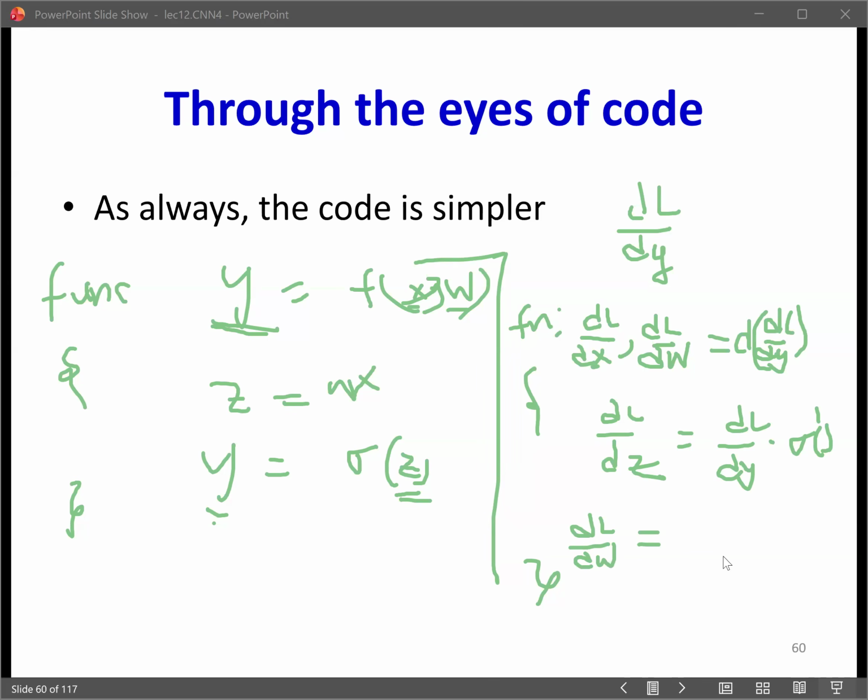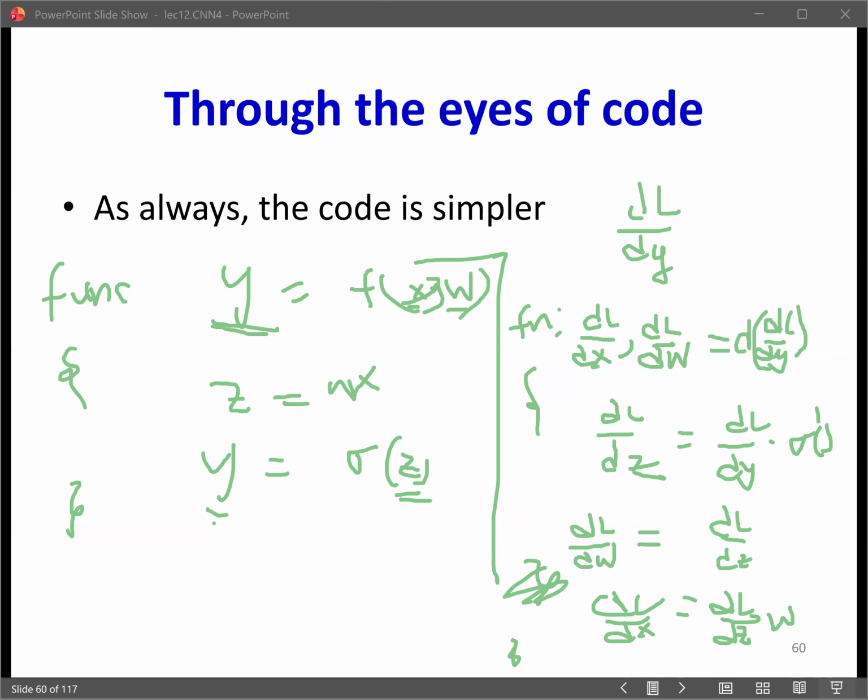That's going to be dl over dz times x, right? And dl over dx is going to be dl over dz times w, right? This makes sense to everybody, what I just wrote?